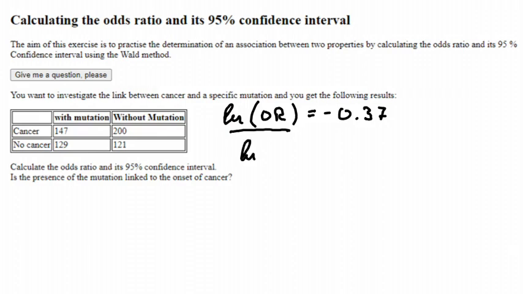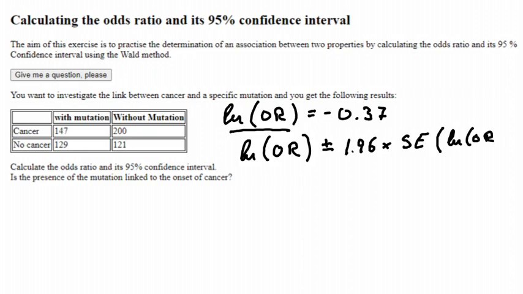So we have ln of our odds ratio plus minus 1.96 times the standard error for our log odds ratio, and I indicate this by ln OR here. So that's the standard error of the log odds ratio.